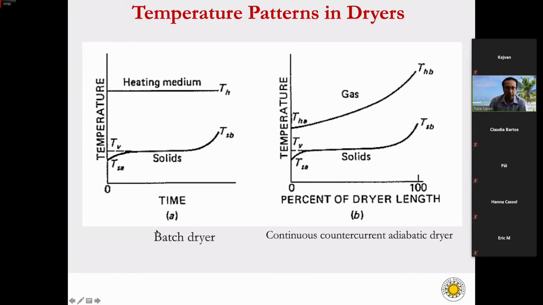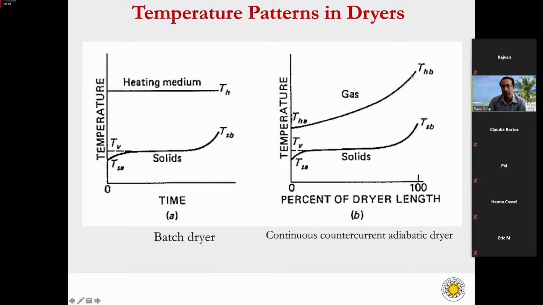And normally in the batch dryer, we have the heating medium, heating from the air, heating from the gas, or electrical heating, any of the different heating modes that we use. We keep the heating medium at a constant temperature. But in the continuous countercurrent adiabatic dryers, the profile for the wet solid typically remains the same, or the cycle remains the same.